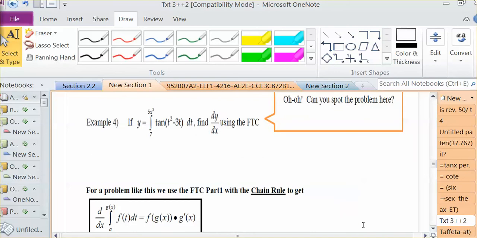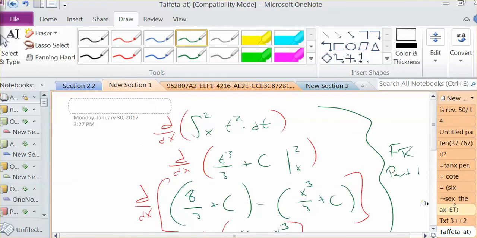Now what if the upper limit is not plain old x? It's something else. Now, let's go back over here again. I'll make that 2 again the lower limit, but x squared. So I have to change everything else here.